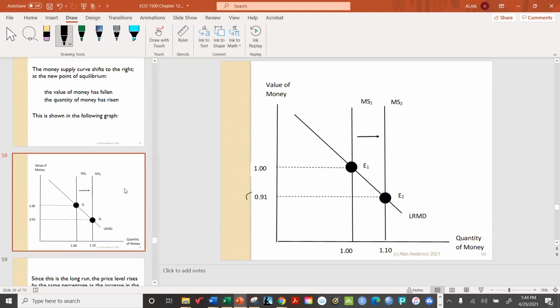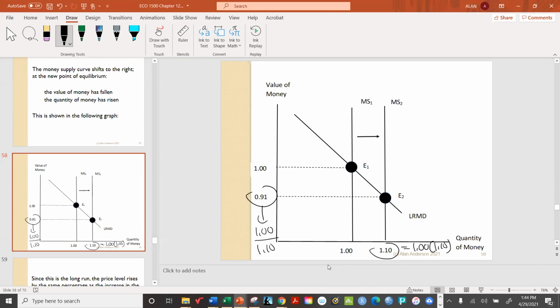By the way, where did this come from? This is equal to 1 divided by 1.10. This one, on the other hand, is equal to 1 times 1.10. So the value of money and the quantity of money are going in opposite directions.